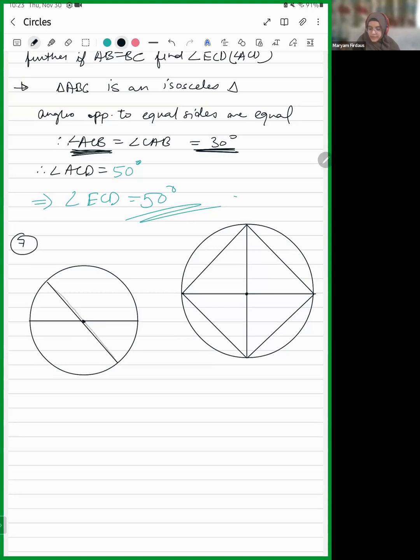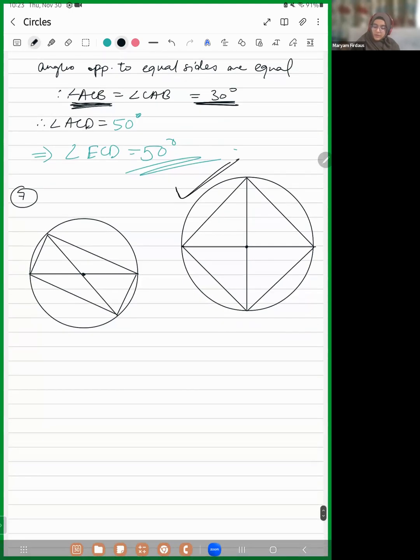Again, both of these are diameters of the circle. So if you just make the quadrilateral, you can see that it is again a rectangle. A square is also a rectangle. So this one has an added condition that it is 90 degrees.